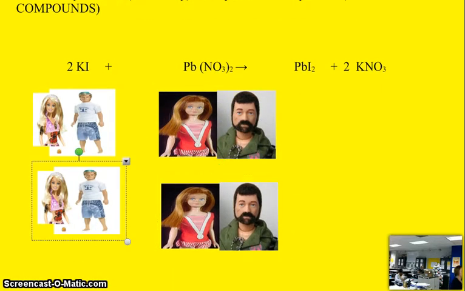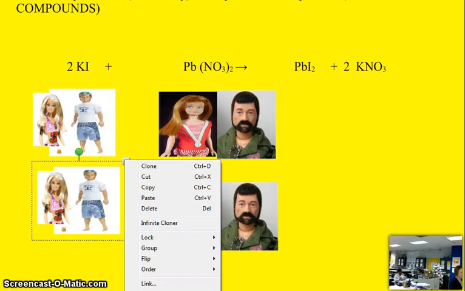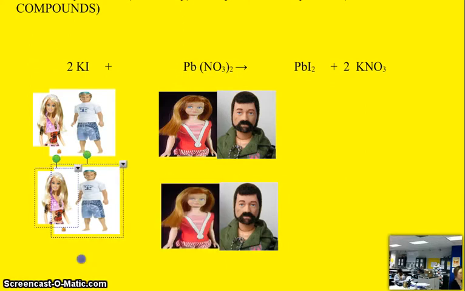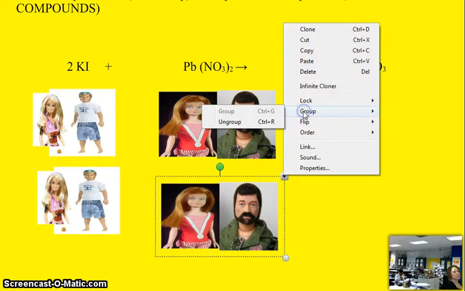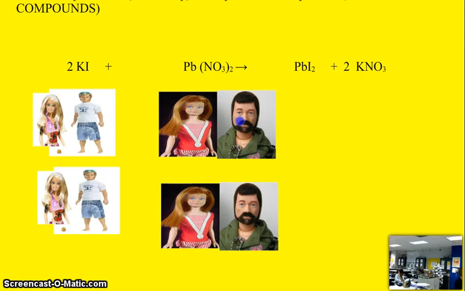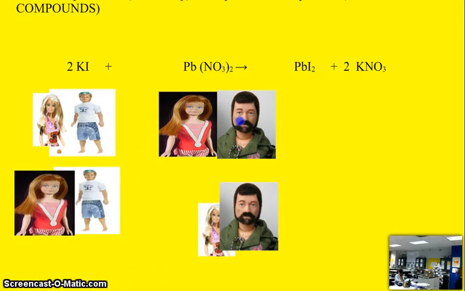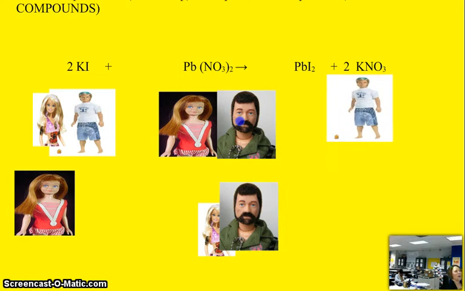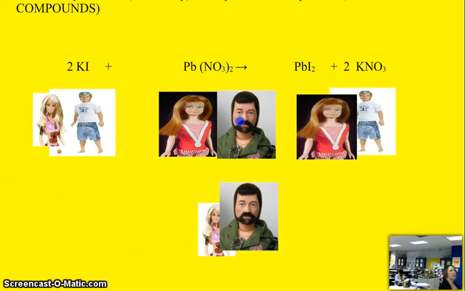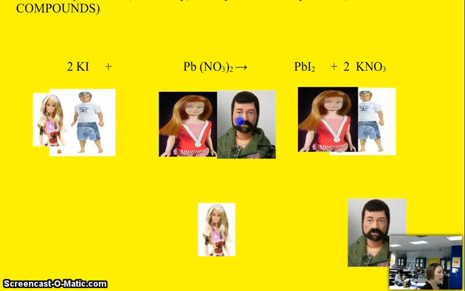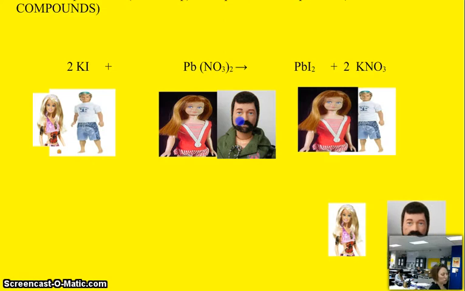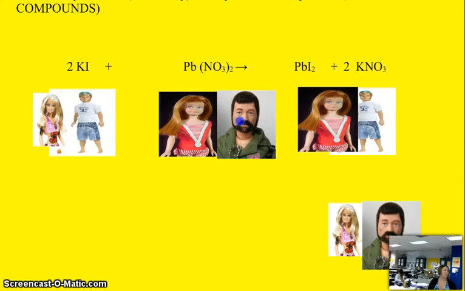If we think about these as being compounds, what ends up happening is that Skipper and Barbie swap partners. So now, after the reaction, you have Skipper with Ken and Barbie with G.I. Joe. Okay, so you made 2 new compounds in a double replacement or wife swapping reaction.